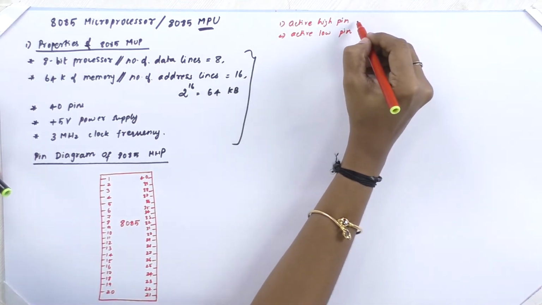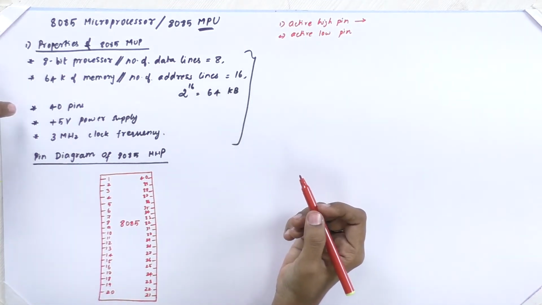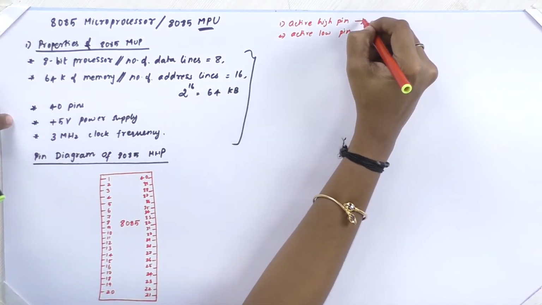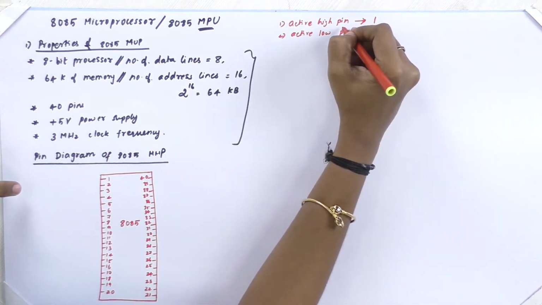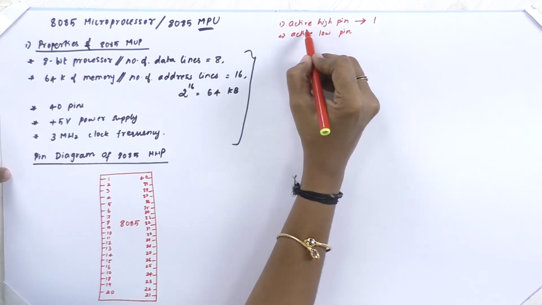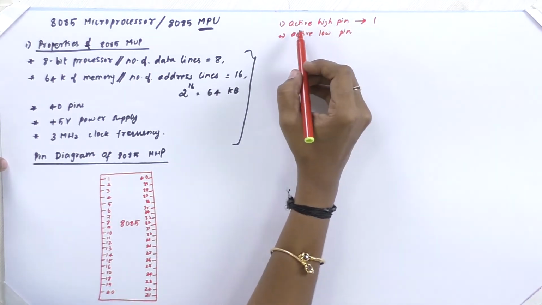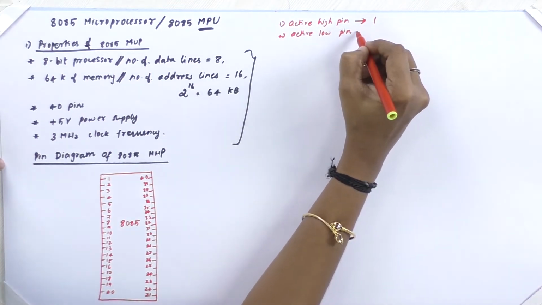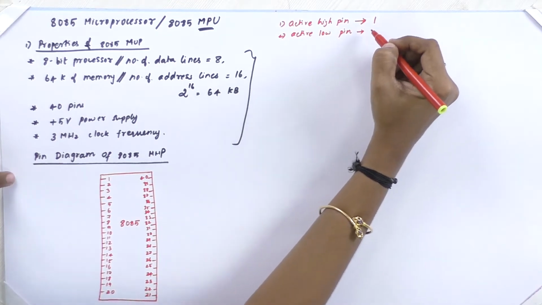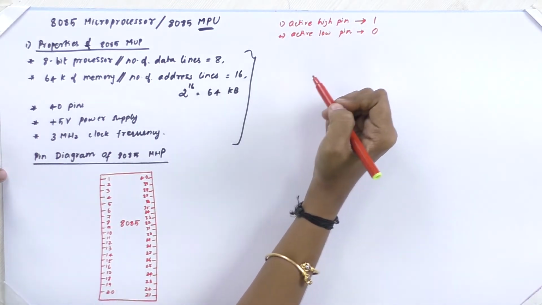The term active high refers to a signal or bit set to 1 over the corresponding pin, which requires the positive power supply, and it is termed an active high pin. Whenever the corresponding signal or bit is set to 0, the pin is termed an active low pin.